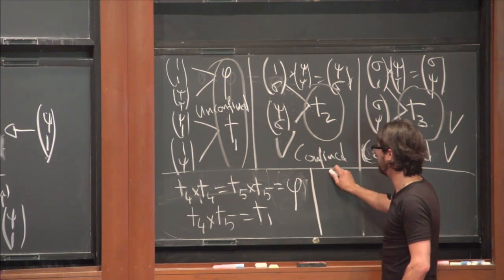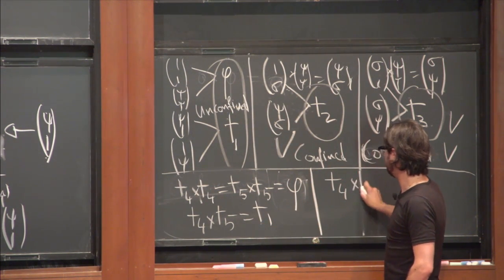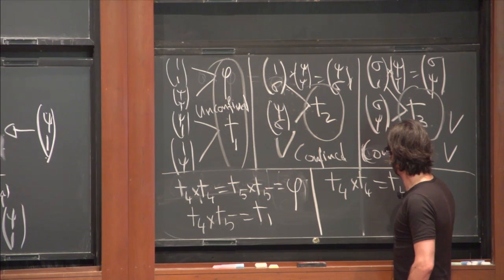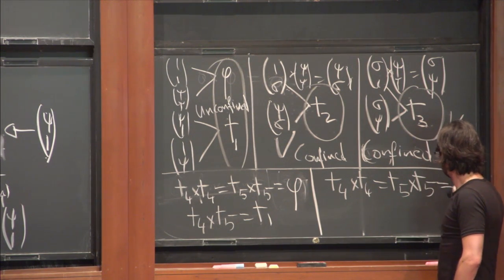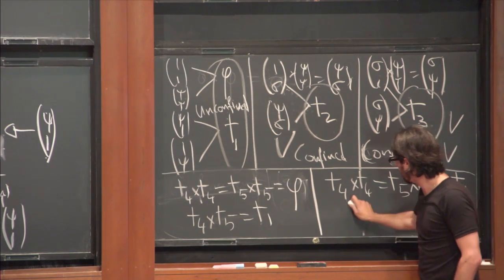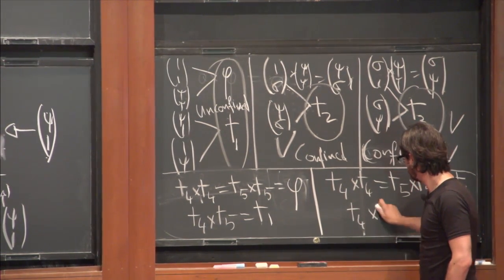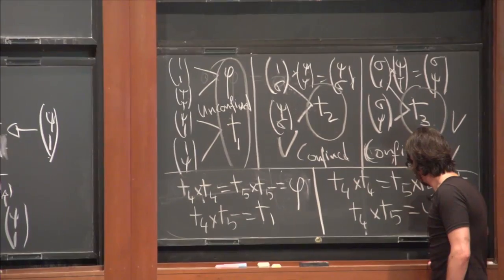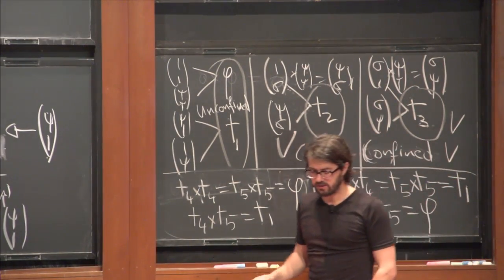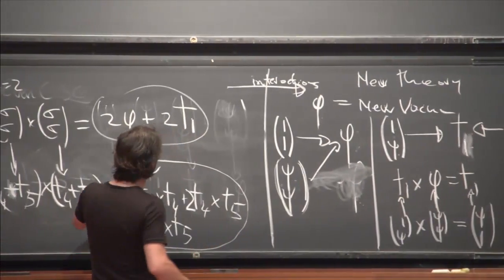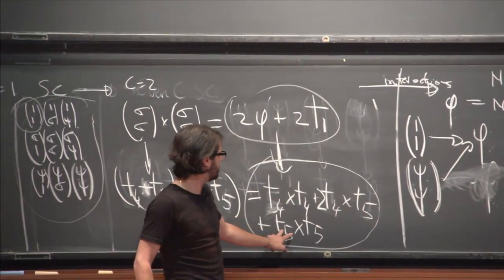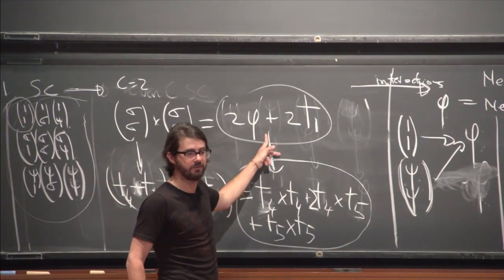The second option is T4 times T4 is equal to T5 times T5 is equal to T1, and T4 times T5 is equal to phi. So there's only two options. Either T4 and T5 are their own antiparticle, or T4 is the antiparticle of T5.